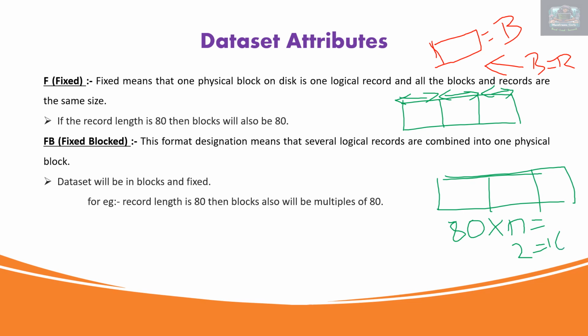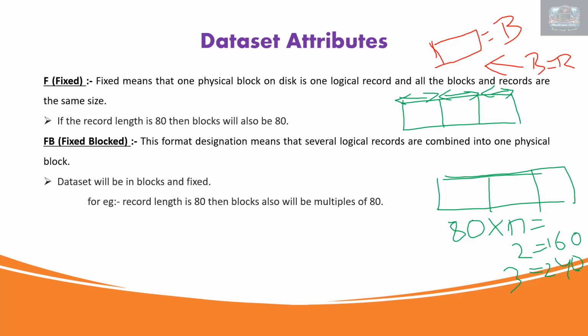It could be 3, which gives 240. So if you are specifying FB as a record format, you will specify record length as 80, and the block size should be multiples of 80. It should be 160, 240, 800, 8000, whatever you're giving, it should be a multiple of 80.